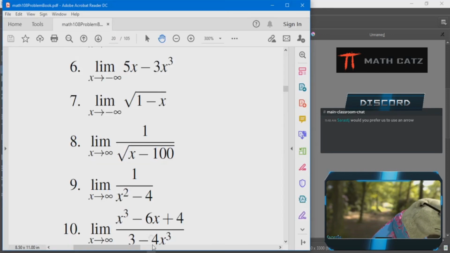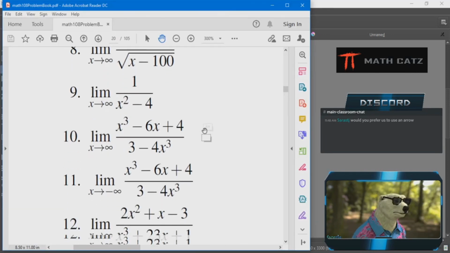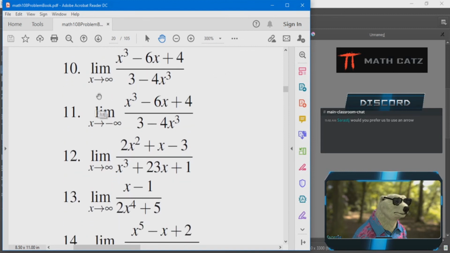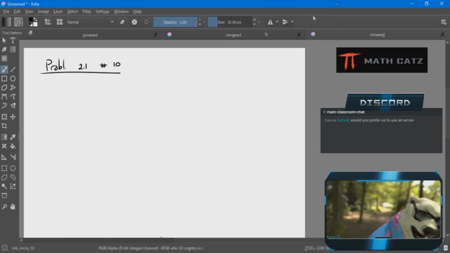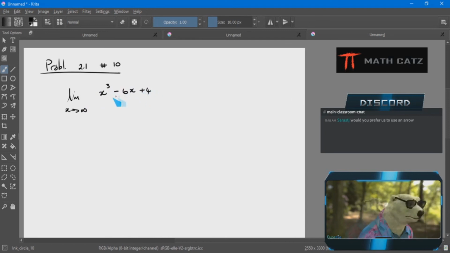Look at a rational function. Maybe that's going to be a little bit more interesting. So limit x goes to infinity. Not a problem. That means I'm looking at my familiar long-term behavior. I have the function in front of me here, x cubed minus 6x plus 4 over 3 minus 4x cubed. Okay, so now this is at least a little bit more interesting.